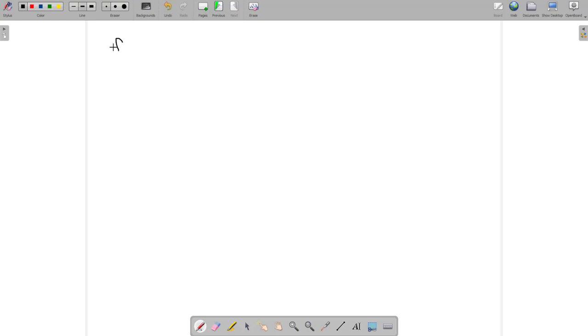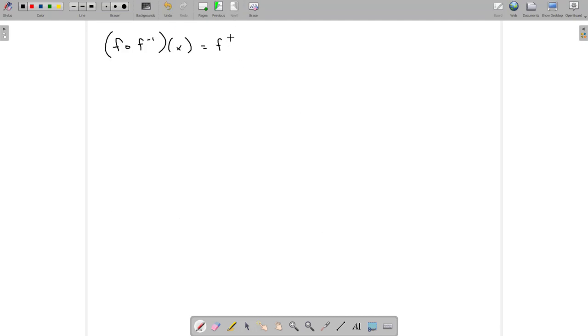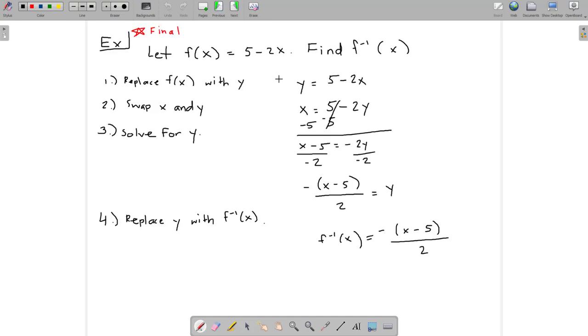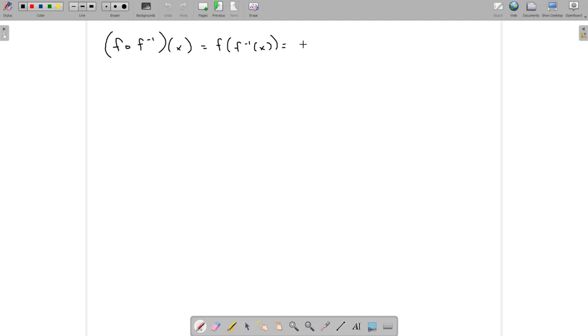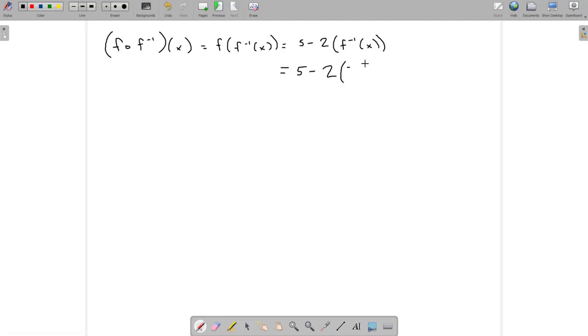So f of f inverse of x is going to give me, let's take it one step further, f of f inverse of x equals, my f was 5 minus 2x. Instead of x, I'm plugging in f inverse of x, right? So 5 minus 2 times f inverse, which is this whole thing right here, negative x minus 5 over 2.